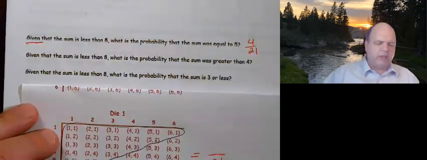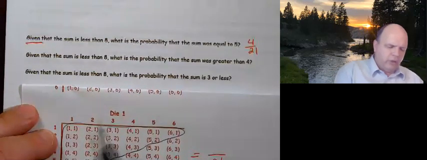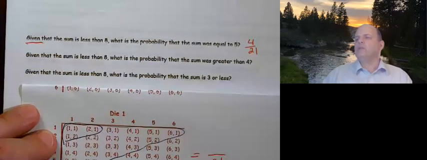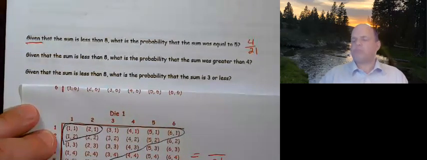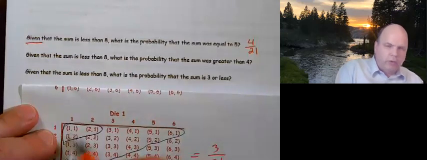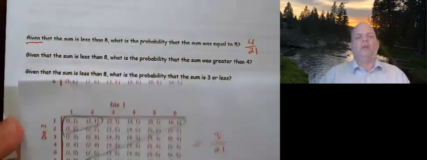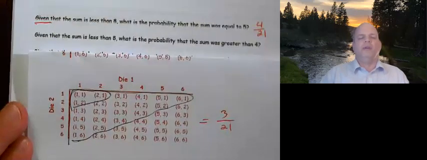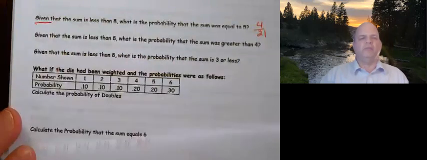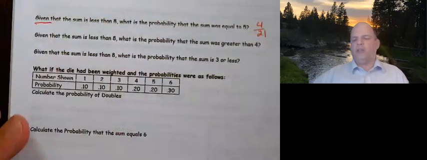What's the probability the sum is 3 or less? Well, 2 and 1, 1 and 2, and 1 and 1. So in this case, there's 1, 2, 3 values that are 3 or less out of the 21 values that were less than 8. All right, continuing on.